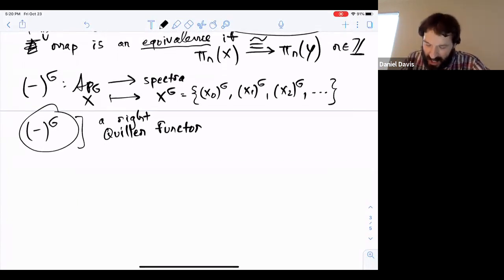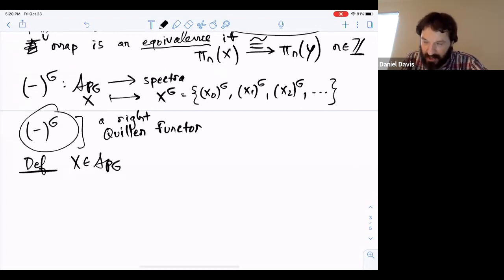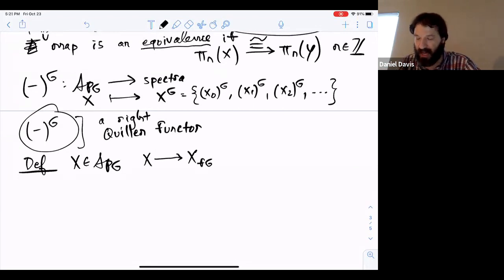So here's a definition. Let X be any discrete G spectrum. You can always form a map from X to an object called X sub FG. This morphism is in the category of discrete G spectra.